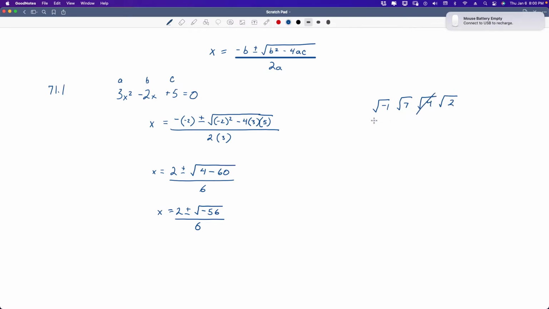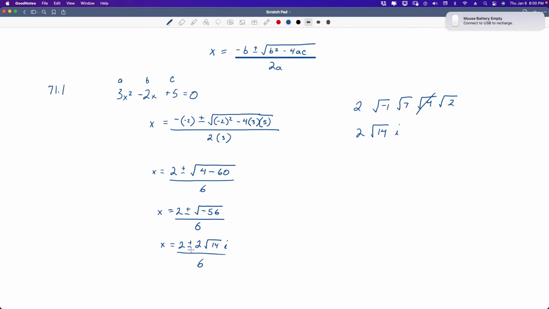So we can pull that out and put a 2 in front. So it's going to be 2, and then we have 7 times 2 is 14, and the square root of negative 1 is i. So we can say that x is equal to 2 plus or minus 2 times the square root of 14 with an i to the outside over 6.